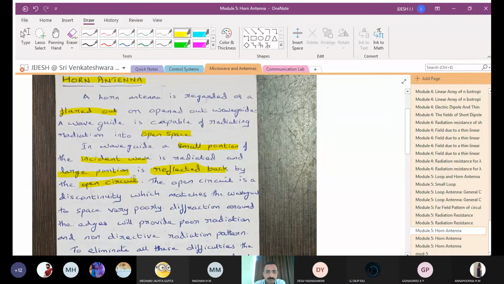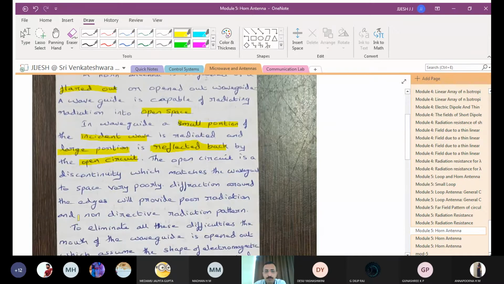Here the open circuit is a discontinuity which matches the waveguide to space very poorly.